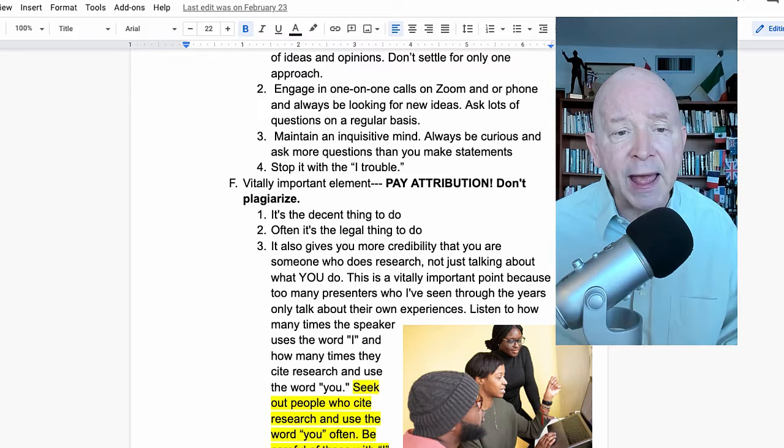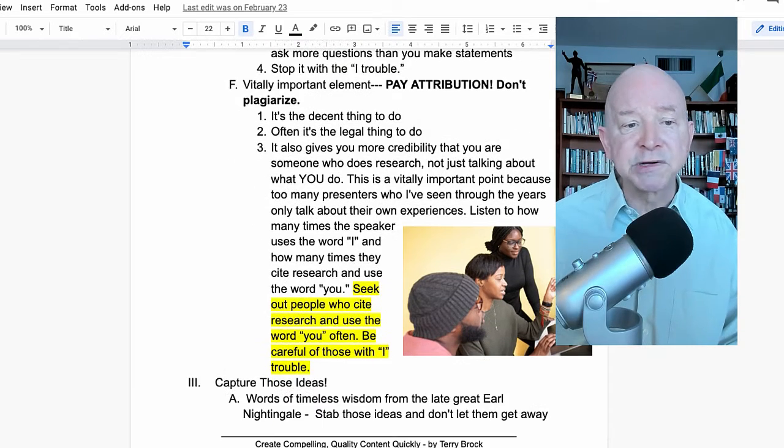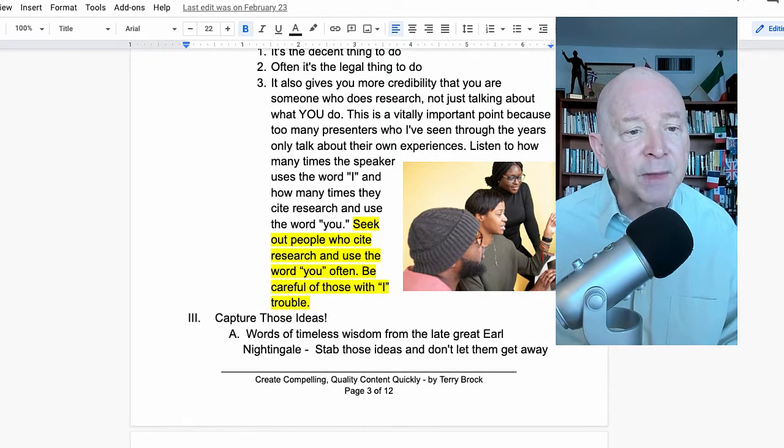By the way, make sure you pay attribution. Don't plagiarize when you get material elsewhere. And here, this is important. Seek out people who cite research and use the word you often. Be careful with those who use the I word so much they have what I call eye trouble. You want to look for those people that are talking about others, that are helping others. They're citing research.